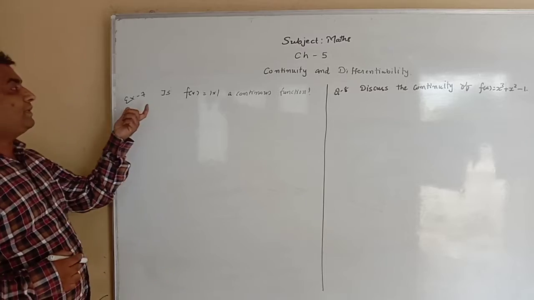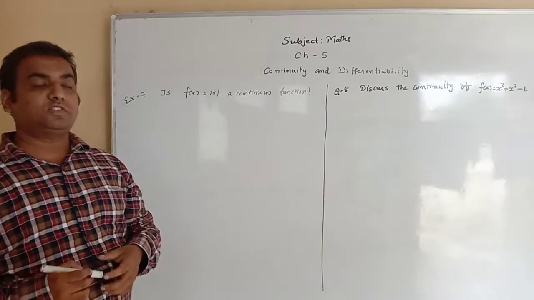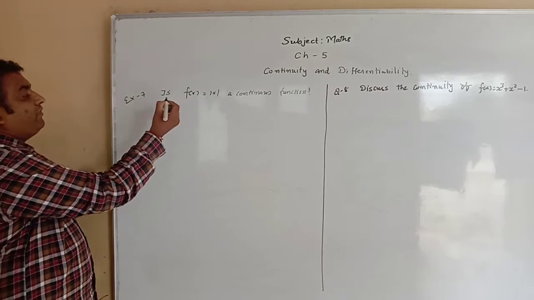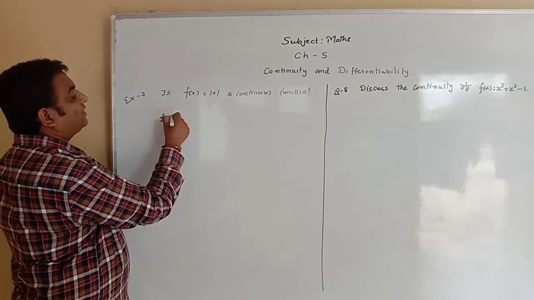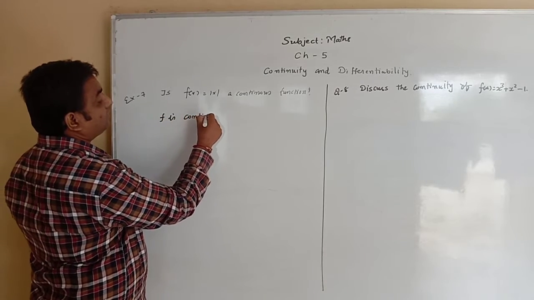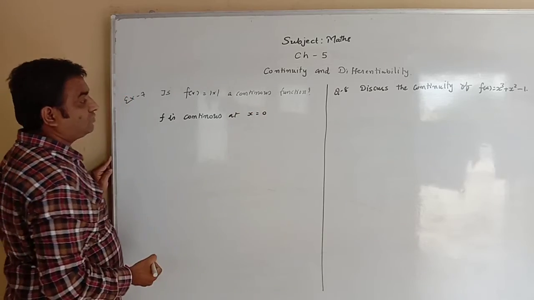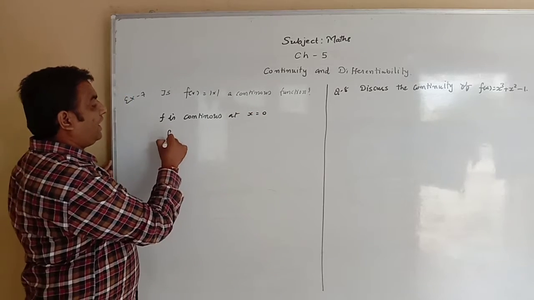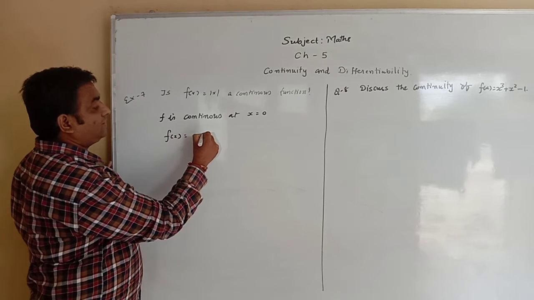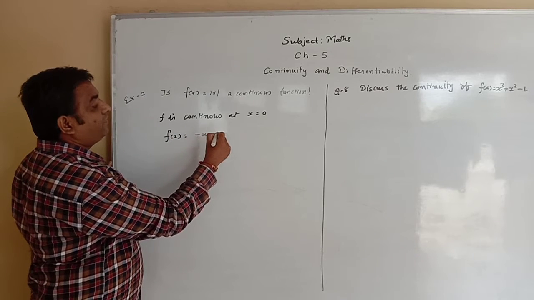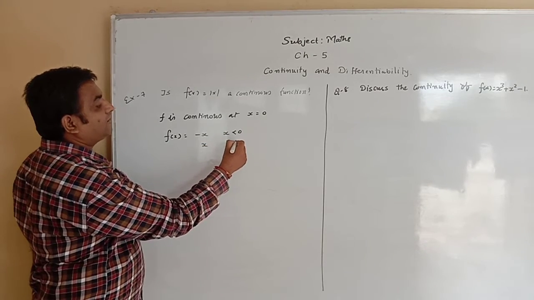Now we have example 7. Is f(x) equals modulus x a continuous function? So already we have seen in the previous example that f is continuous at x equals 0. Now we know that f(x) equals minus x when x is less than 0, and x when x is greater than 0.